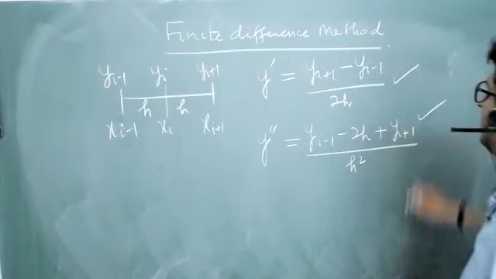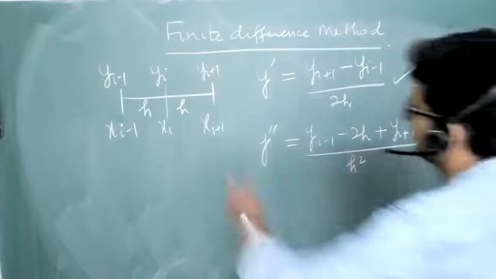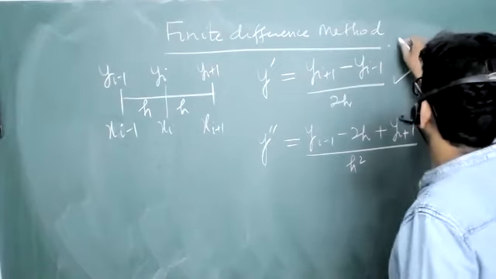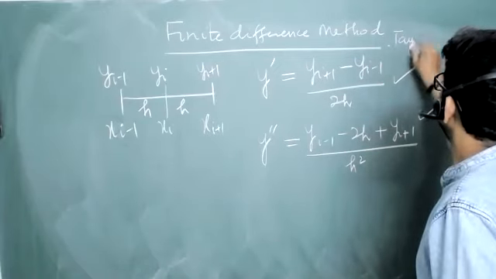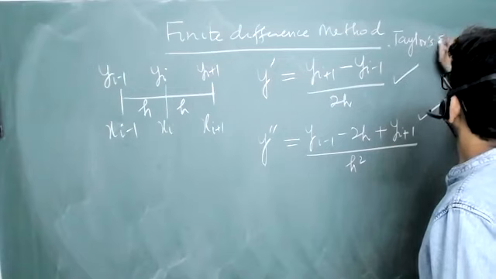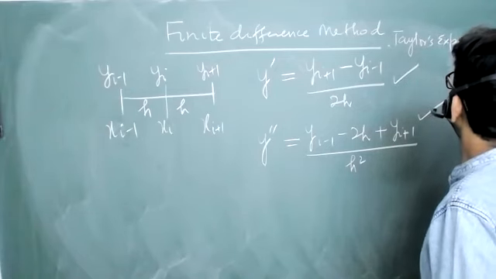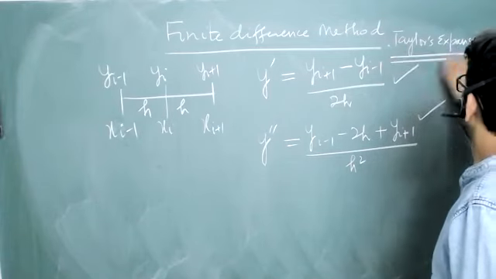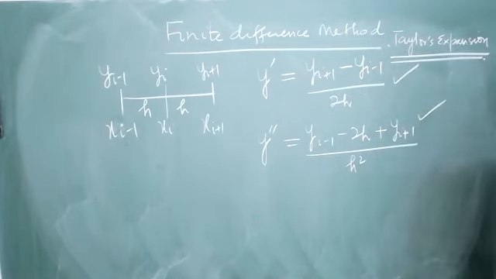So these are the values of derivatives in terms of this grid. Please see this. How this is written in the background, it's Taylor's expansion. You can see nothing is escaped out of this Taylor's expansion.